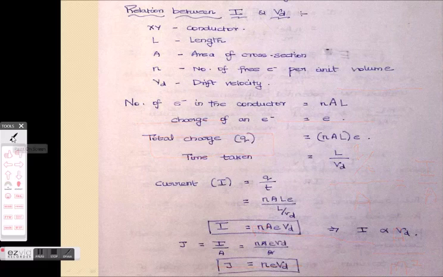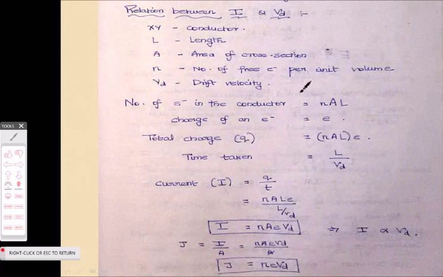Then what is the relation between current and the drift velocity? XY is a conductor, it has a length L, A is the cross-sectional area, n is the number of free electrons per unit volume, and Vd is the drift velocity. Then the number of electrons in the conductor is equal to nAL. How? The number of electrons per unit volume is n, and the volume of the conductor is area into length.